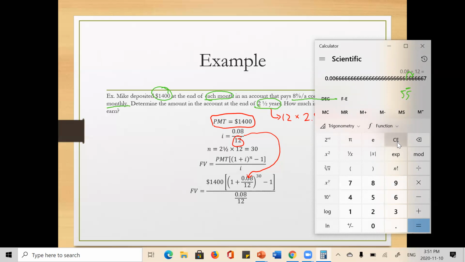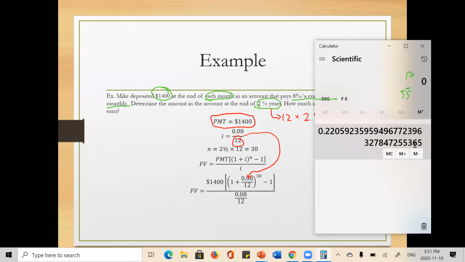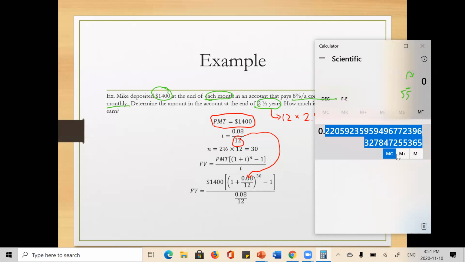So I can either try to store this or write down a couple of numbers. I'm going to go back and write down what my memory was, which is right here. Perfect. And I'm going to be dividing this by, and again, it might look a little different depending on the calculator you're actually using there.